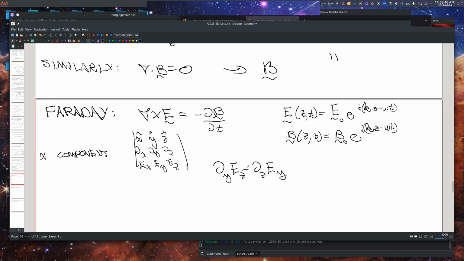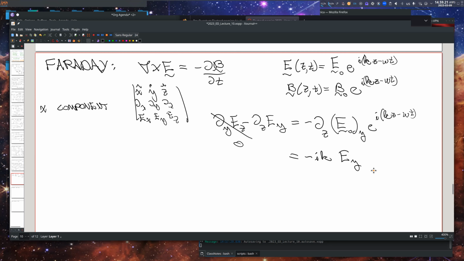But the Ez we just showed was 0. So this is 0. And I've got minus d/dz of Ey. Ey is E0y with the e to the i(kz minus omega t). Now I'm taking the z derivative. This is just a constant. So I'm just getting minus ik times Ey.